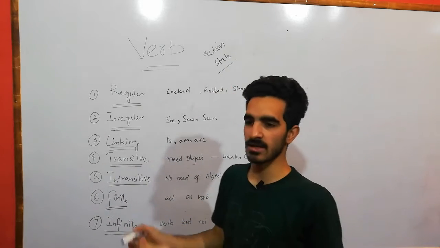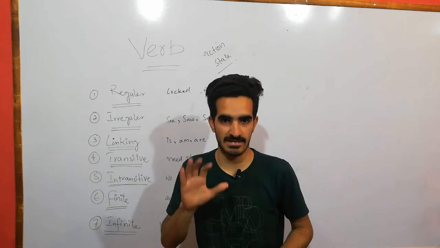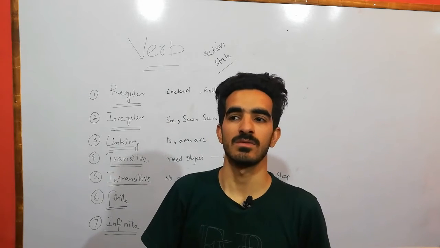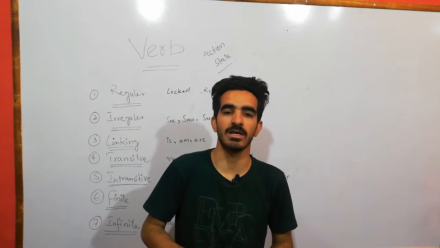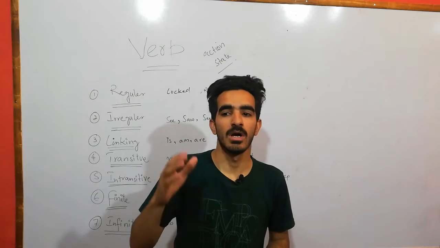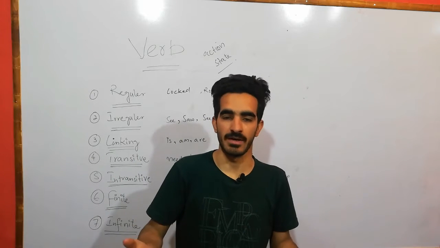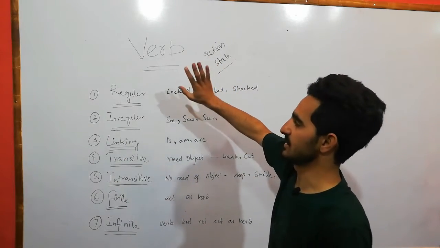If I say he is sleeping, he is not doing any kind of action, it is a state. Or if I say he is standing on the bridge, he is not doing any kind of activity or function or action, but it is a state, right? So a verb is also a state or action.